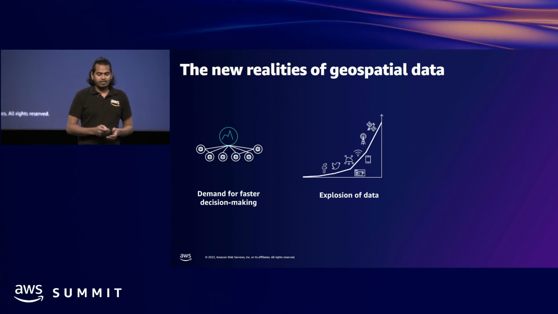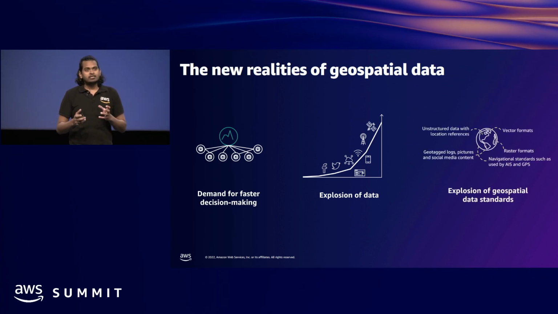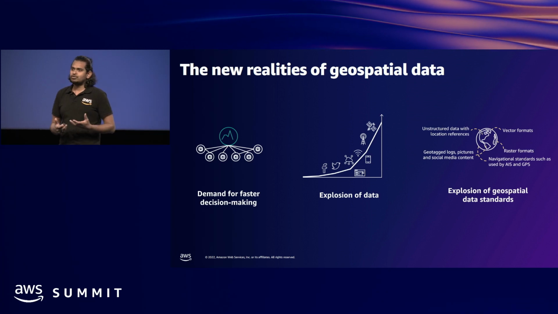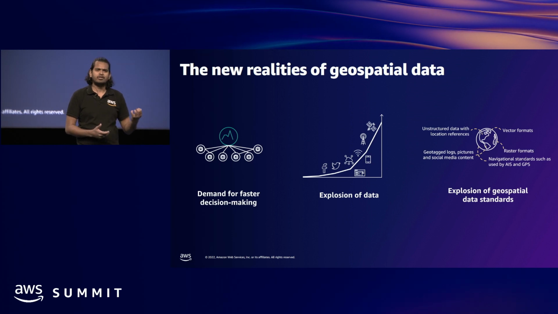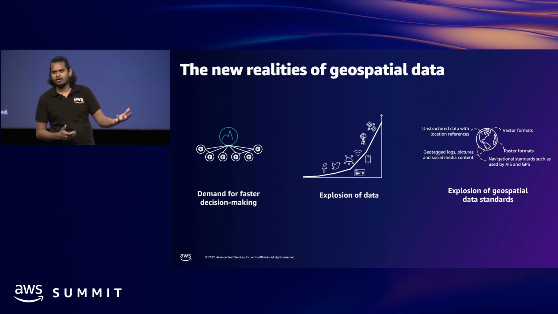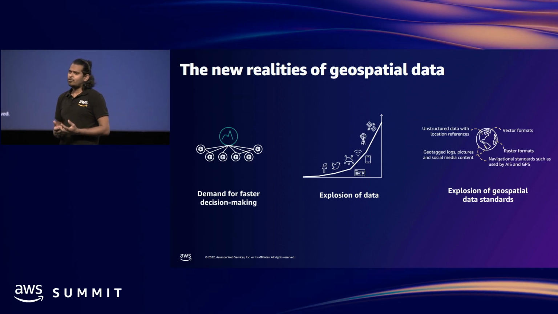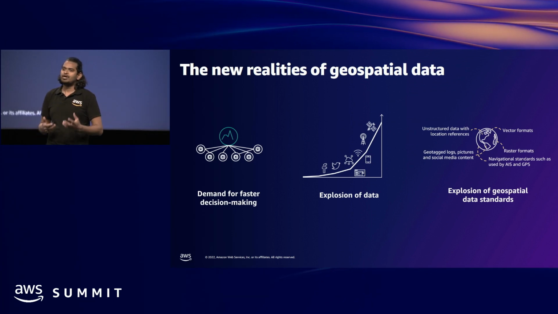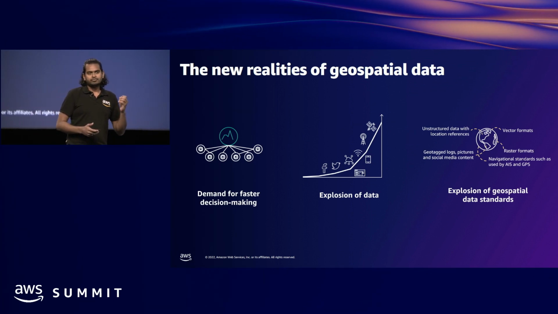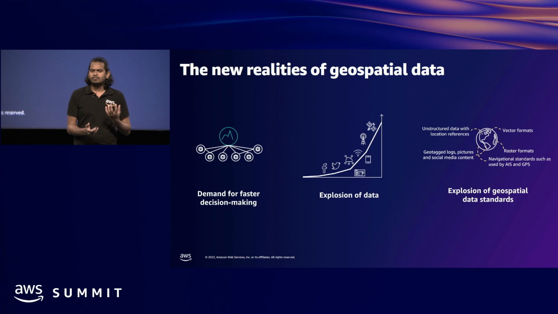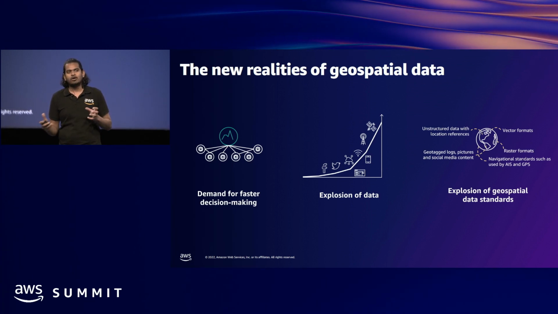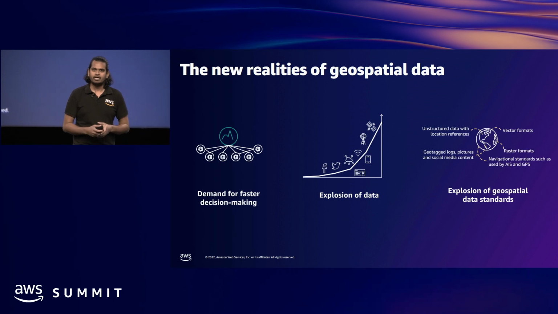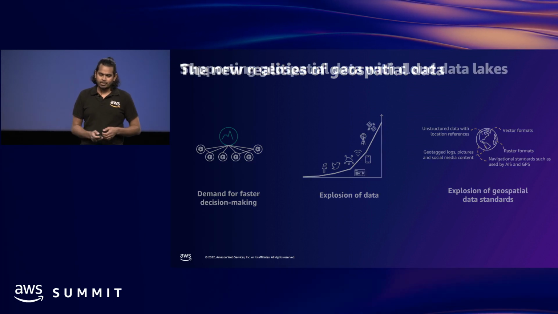And then finally, with so many sources, you have a number of data formats. As I already described, the satellites will have their own data standard. Data coming in from your sensors will have its own data standard. So customers are really looking to leverage all these different sources and also manage the different standards that come with these sources.